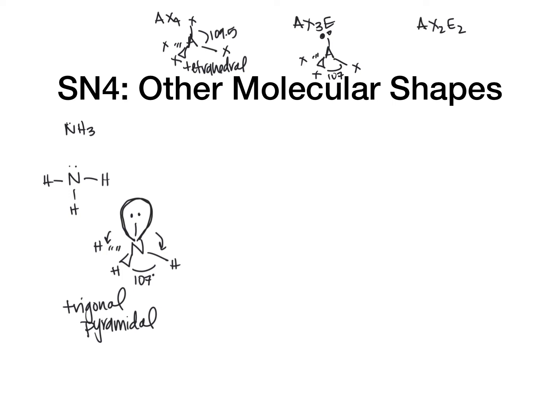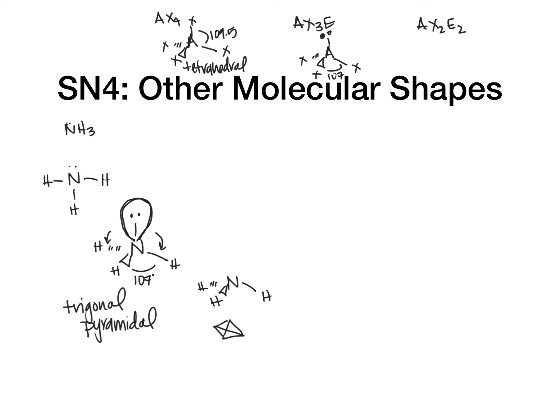In this case, if you were to look at this structure and not be able to see the lone pair, which we can't see electrons, what you would see is this, where these are contracted. And so the shape just kind of looks, you kind of got to go with it here, like a trigonal pyramid. Not a great pyramid, but that's what it looks like. So we are going to draw the lone pairs to remind us how the structure looks.